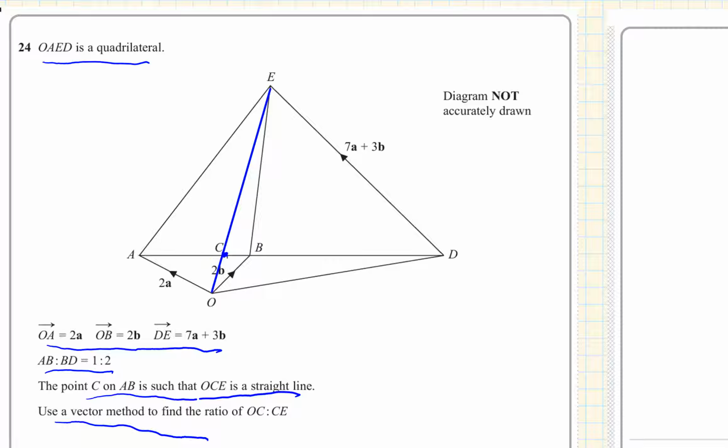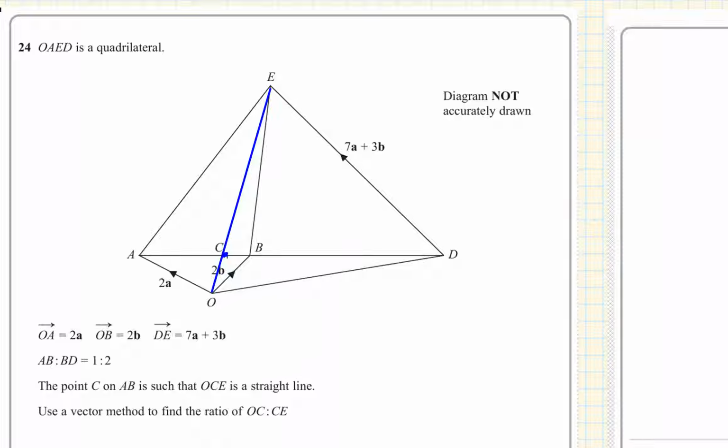So to start with, as is common with these questions, we assume that CE is a constant times OC.